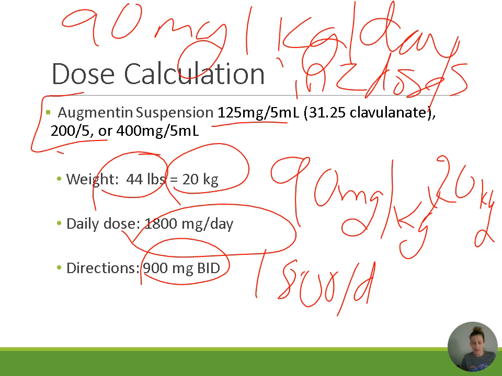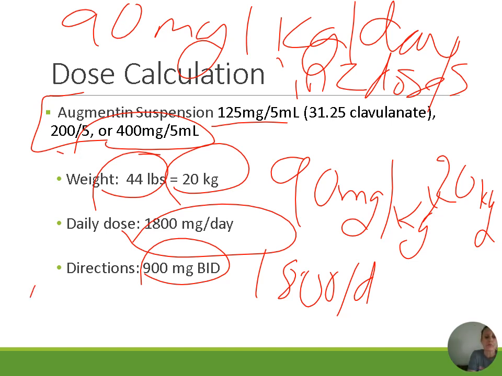You don't want to give them like 0.125 mLs because that's going to be hard for the mom to measure. But you don't want to give 30 mLs either because it's really hard to get a little one to drink 30 mLs of medicine. So because we have such a big dose, I'm going to go ahead and go for the 400 milligrams per 5 mL concentration. So let's figure out how many mLs we have to give the little one.